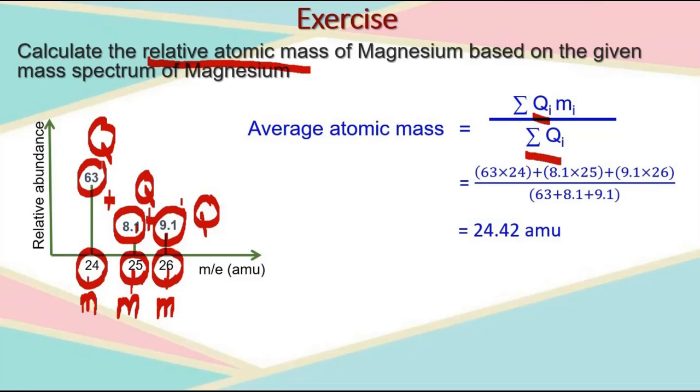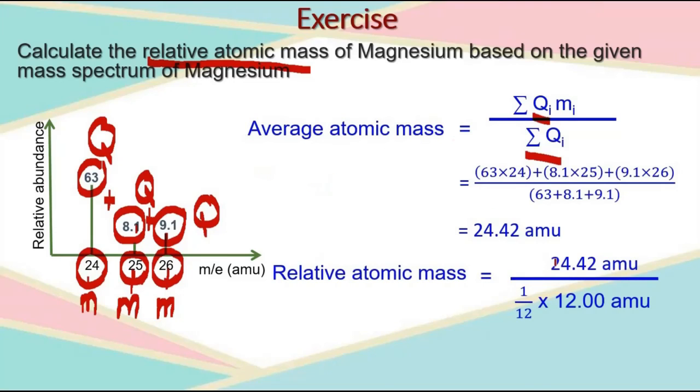Now we convert the average atomic mass to the relative atomic mass by dividing by 1/12 of carbon-12. So we have 24.42 AMU divided by 1/12 times the mass of one atom of carbon-12, that is 12.00 AMU. The unit of AMU can be cancelled off. So we get the final answer of 24.42 without any unit.